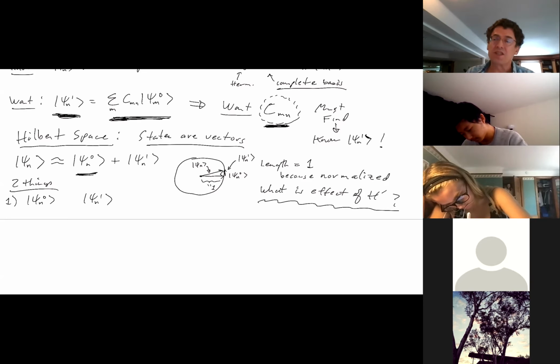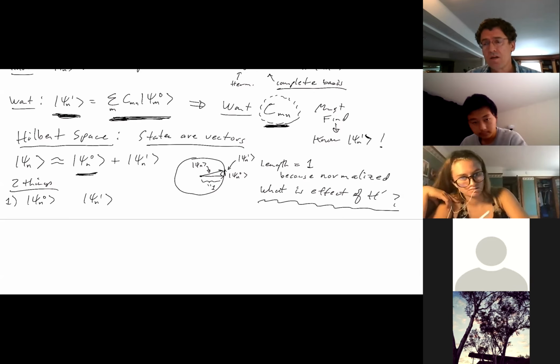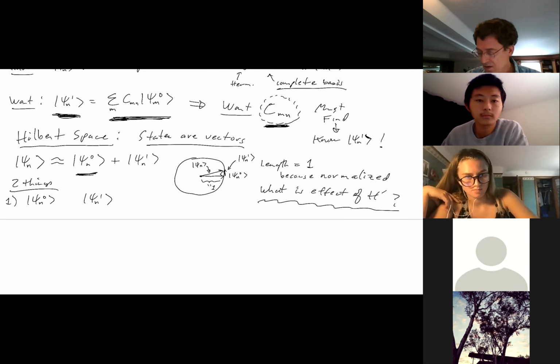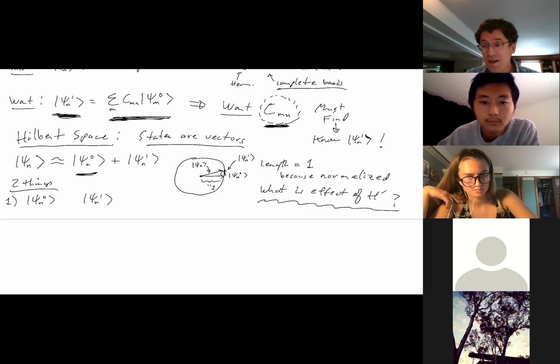There's a geometrical relationship between them. What is that geometrical relationship? Somebody tell me. They're orthogonal. Yes, they are orthogonal, exactly.